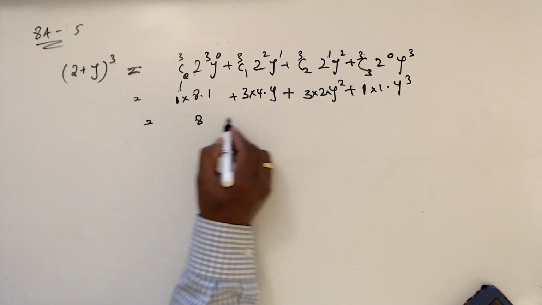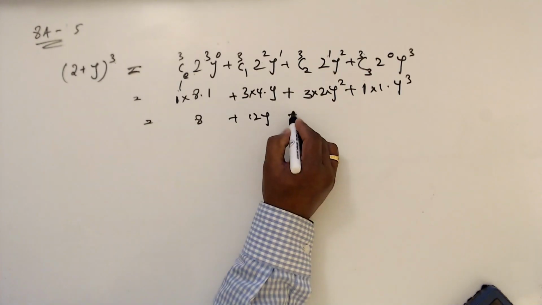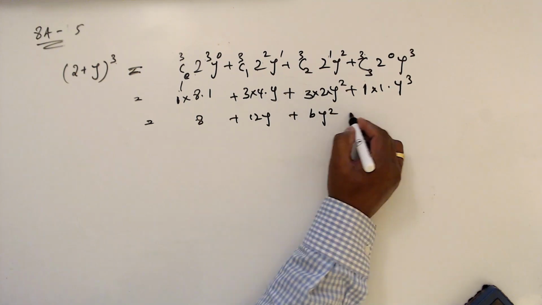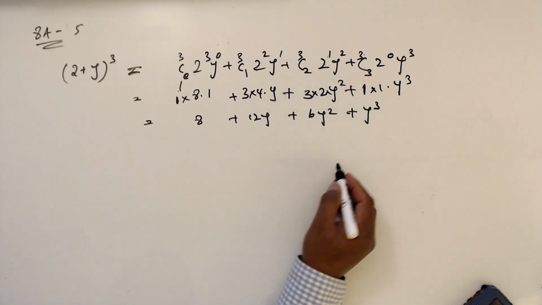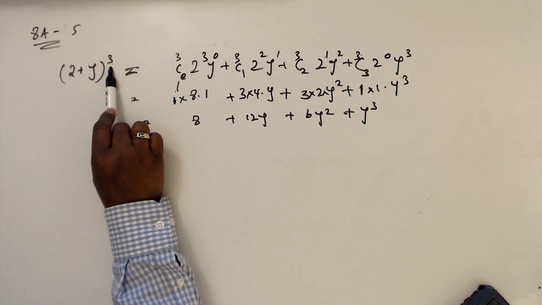So this is 8 plus 12y plus 6y squared plus y cubed.